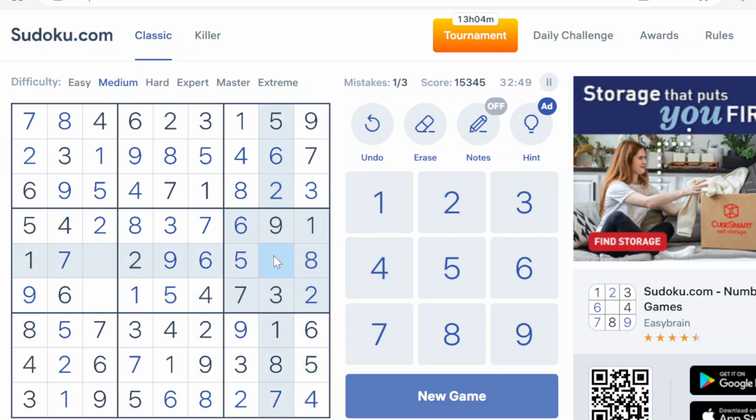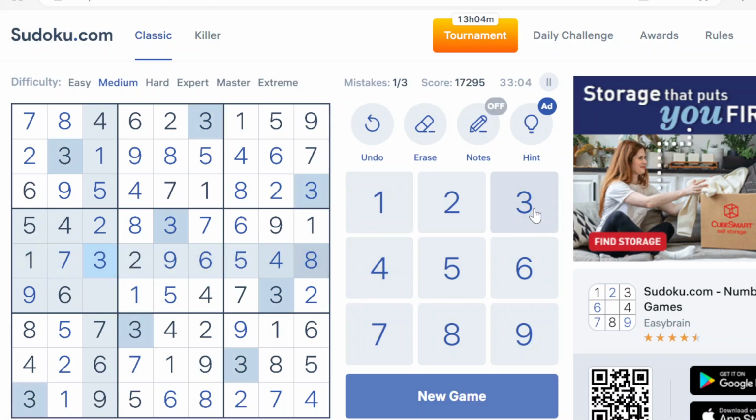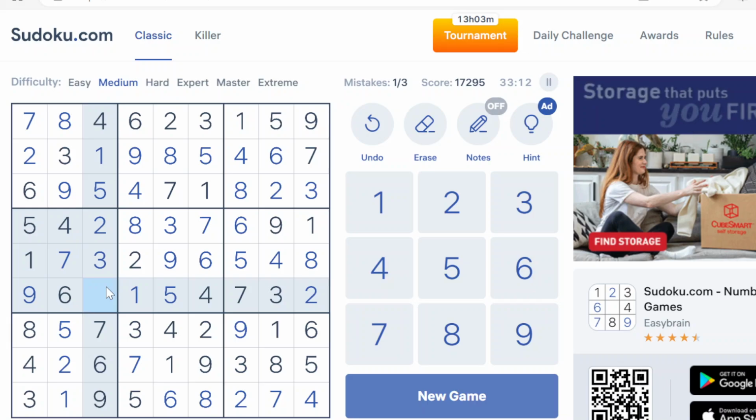And this one has to be 4. And this one has to be 3, I think. And finally, after 33 minutes and like 15 seconds, this one has to be 8.